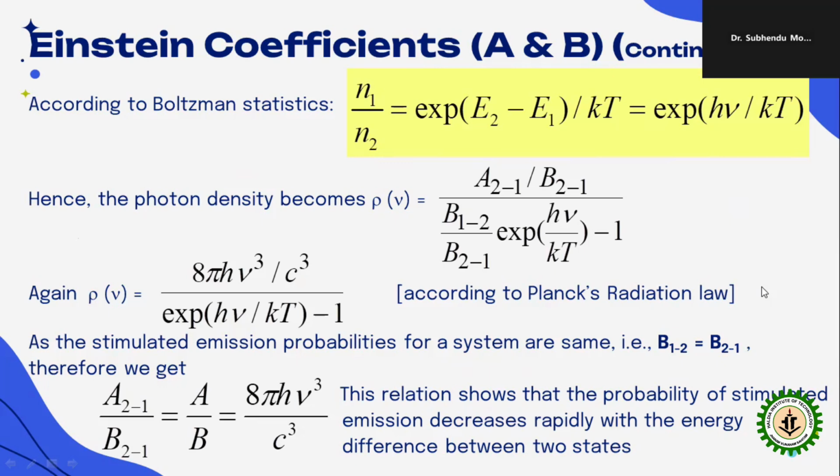In general, we can write all A coefficients as A and all B coefficients as B. Therefore, A by B is equal to 8 pi h nu cube by c cube. This relation is known as Einstein's AB coefficient relation.